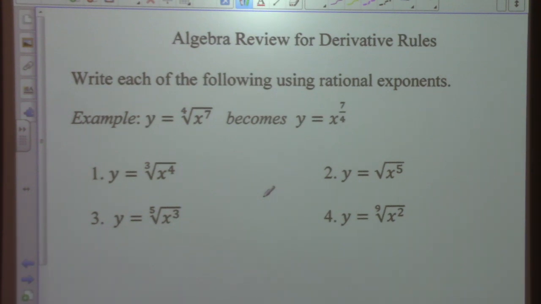Basically, you're trying to go on these exercises from radical form to rational form, because this is a really big skill, Hannah, for what we're doing in calculus next, okay? And just do these really quickly.